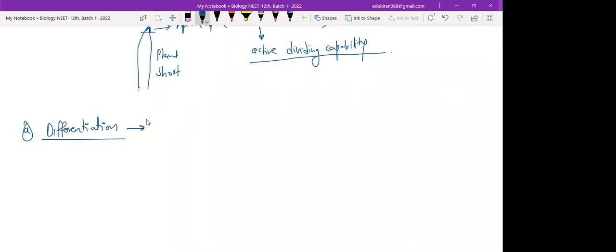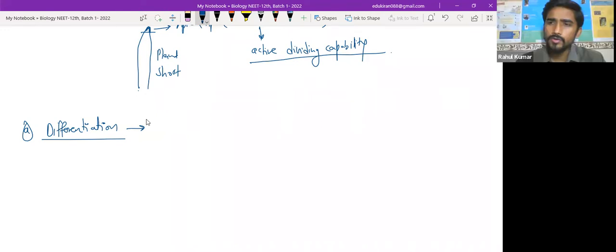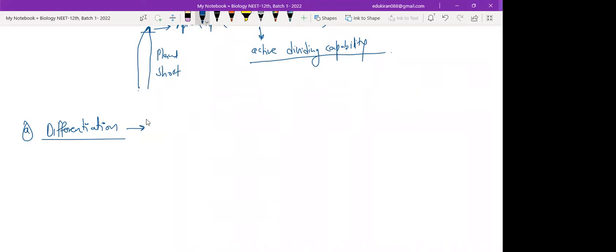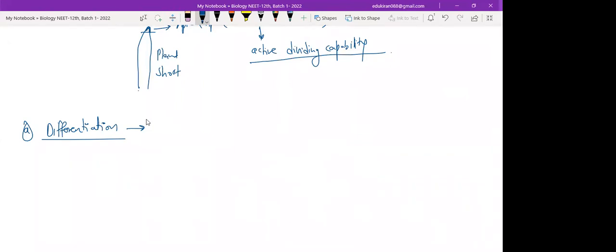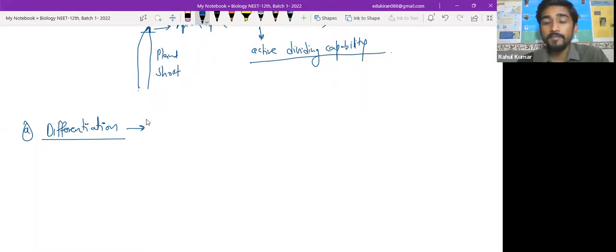Can the cells of our eyes or our nose or our bones do the same function? No. So different tissues differentiate to become specialized in different functions. Is it clear? That process of maturation of tissues and to take up a specific function is called differentiation.